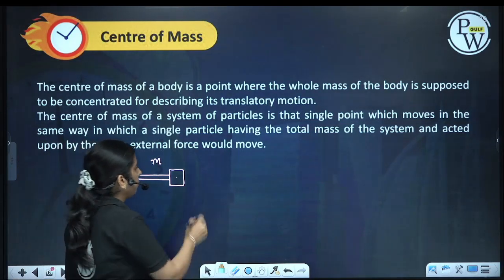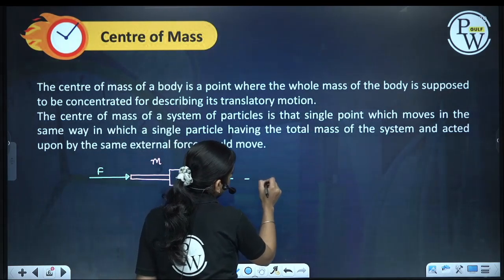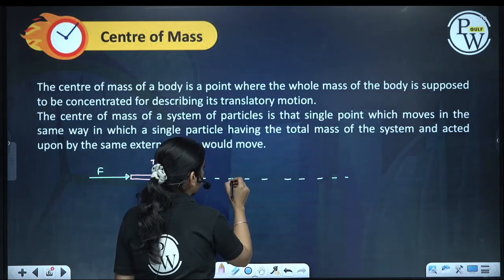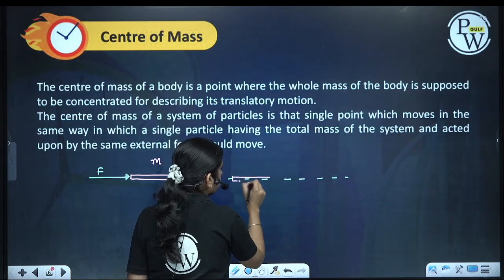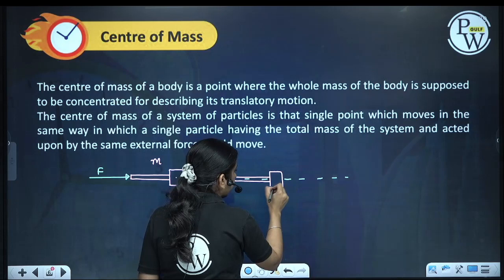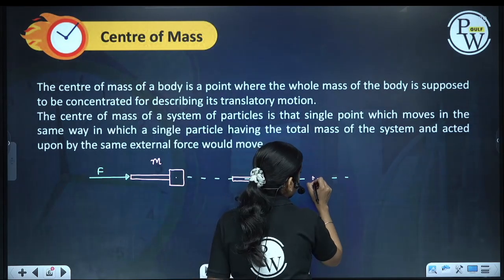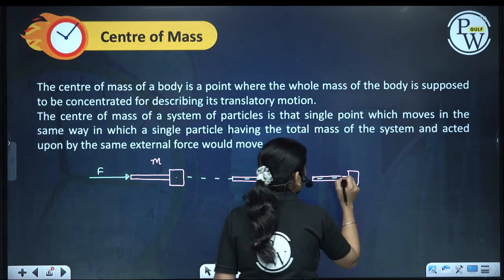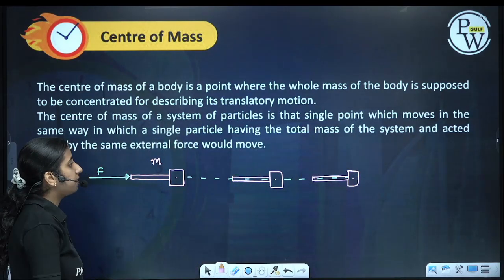How will the hammer move? The hammer will move forward in a straight line. We applied a force F, and the hammer will move in a straight line like this.